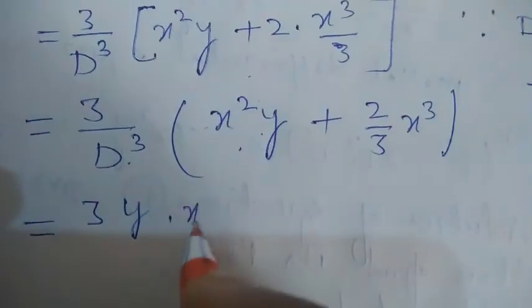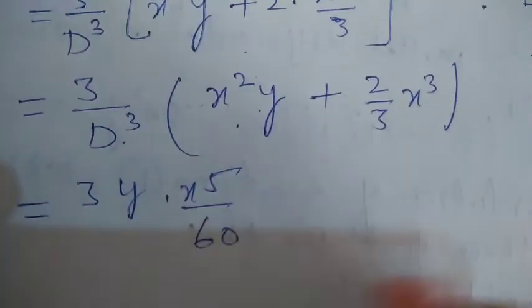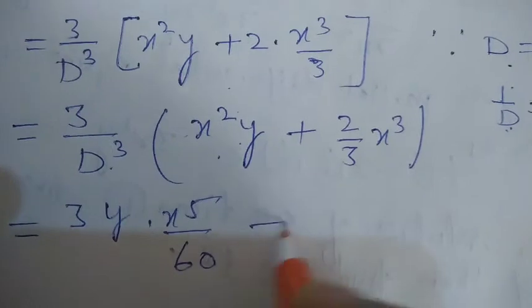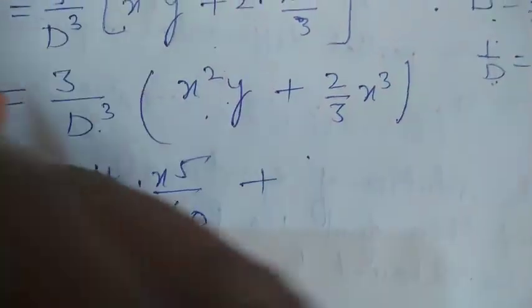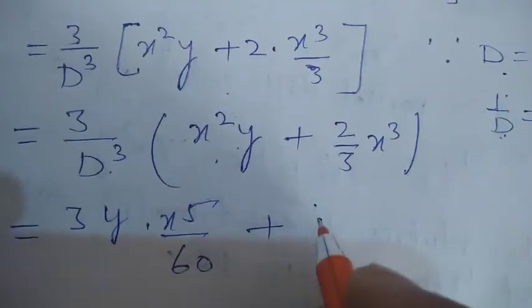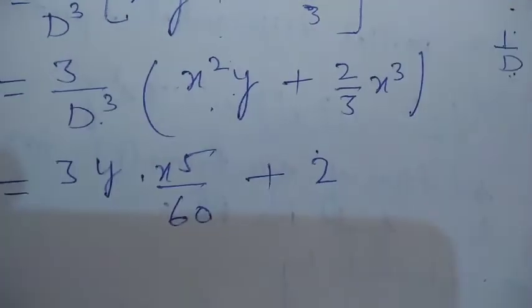Plus 2 by 3, and 3 multiplied inside the bracket, it becomes only 2.